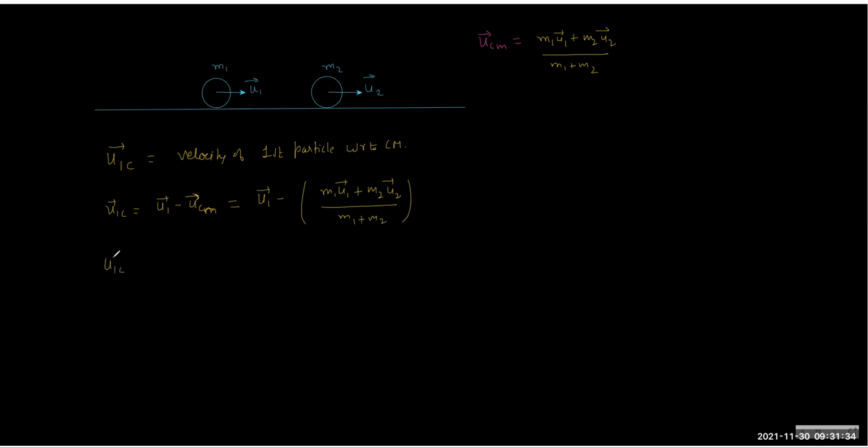So u1c we can write as, taking the LCM now, (m1 u1 + m2 u1 minus m1 u1 minus m2 u2) whole upon (m1 + m2), and something very interesting happens.